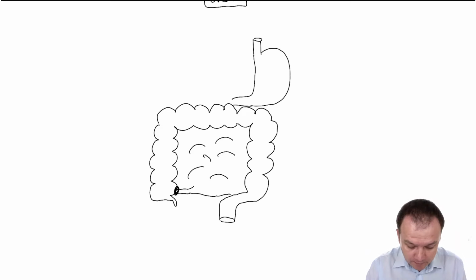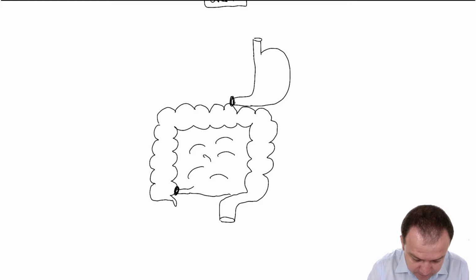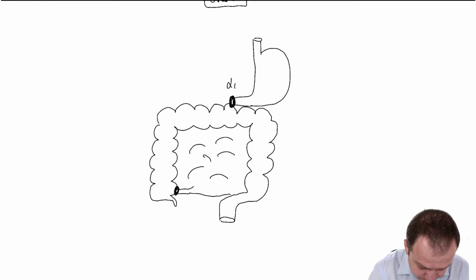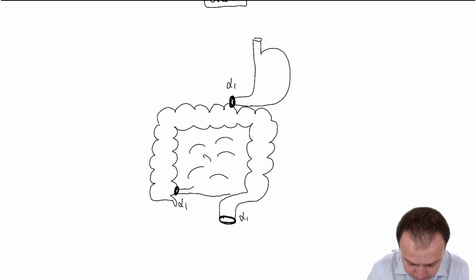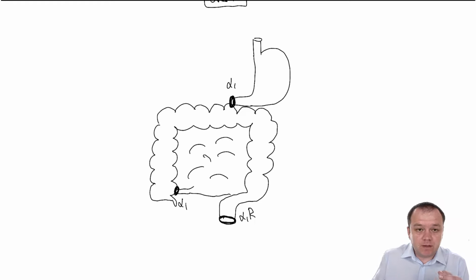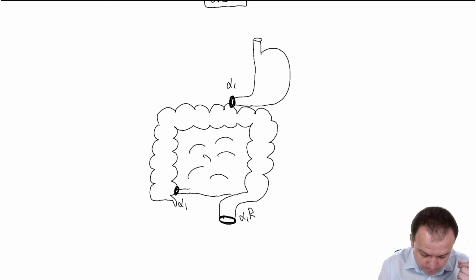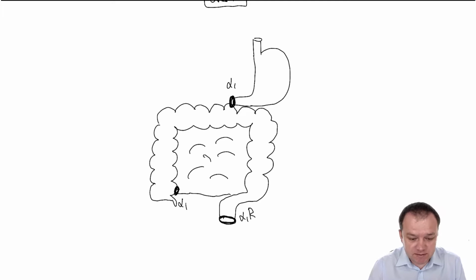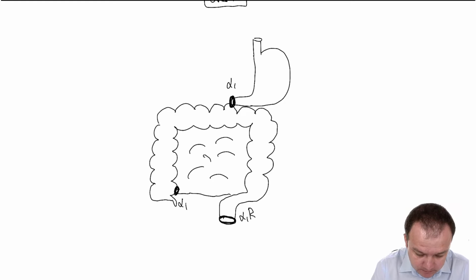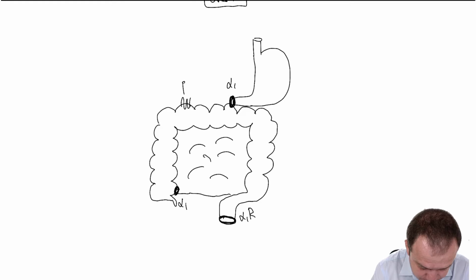So what do we have in sphincters? In the sphincters, we have alpha-1 adrenergic receptors. Increasing sympathetic nervous system tone decreases peristalsis and stimulates alpha-1 adrenergic receptors, increasing sphincter tone. And we have beta 2 adrenergic receptors.